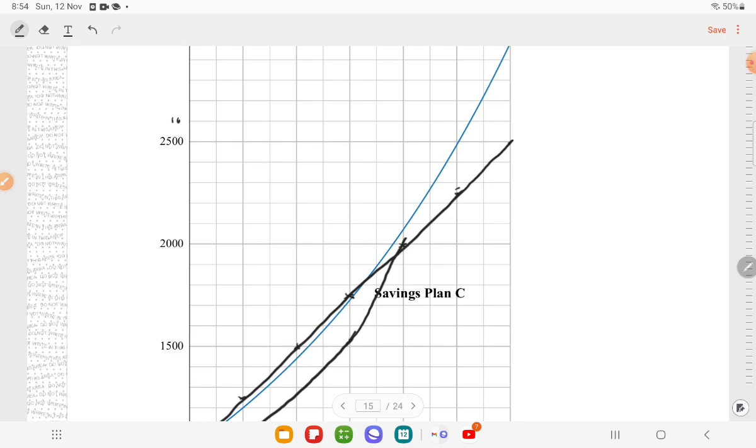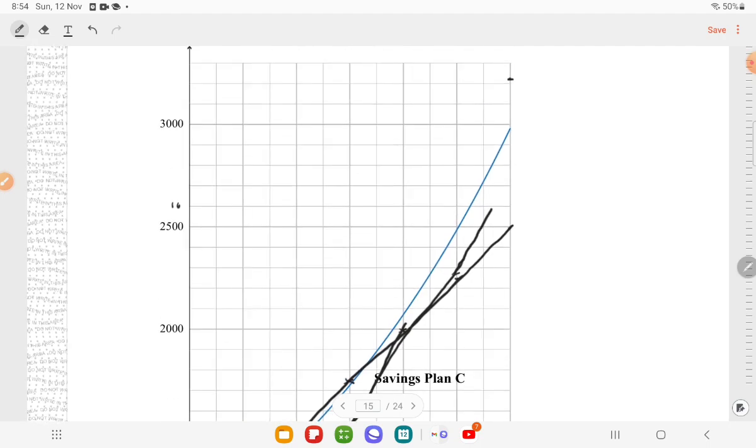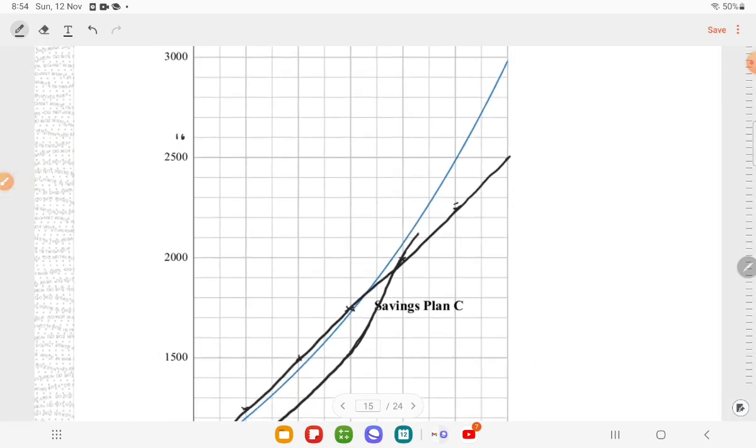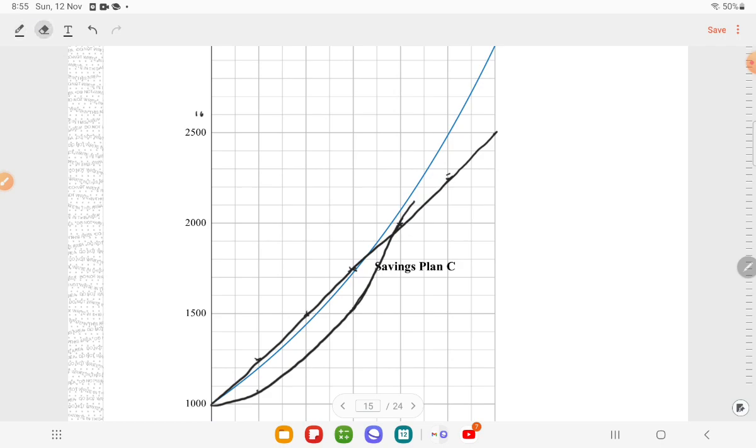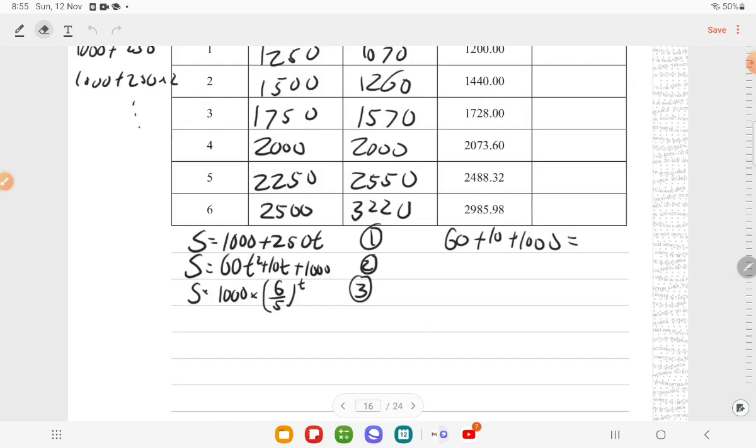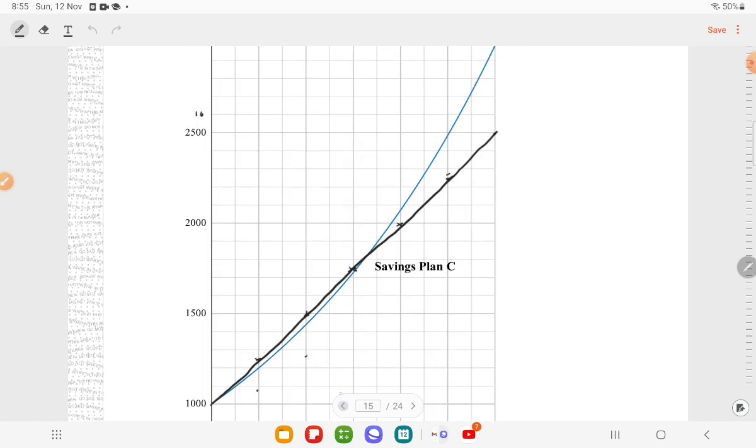This is a bit of a huge graph. Is this accurate? 1,000, right? 1,260, 1,000, right? 1,579 should be around here.